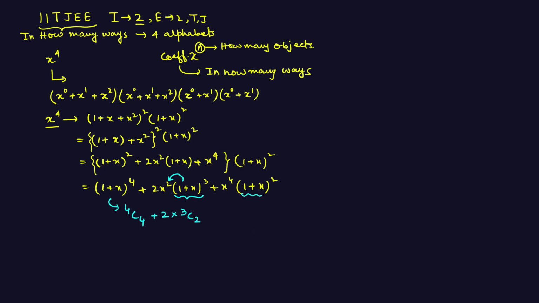And from this, since we are having x to the power 4 outside, I need only the constant term from this expansion. So that is 1. Therefore, the total number of ways of selecting 4 alphabets from this word IITJEE is the sum of these terms. That gives us 8 ways. That's it. Now, this question you can again solve by considering the cases.